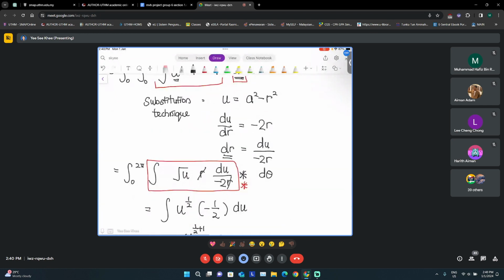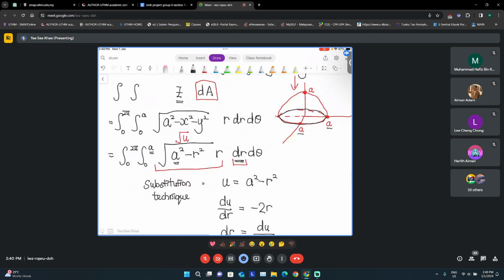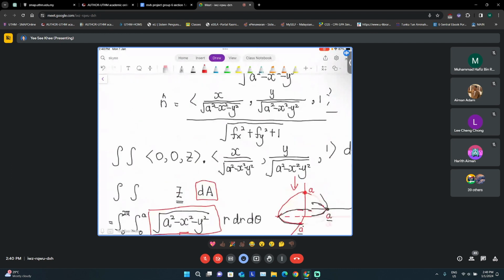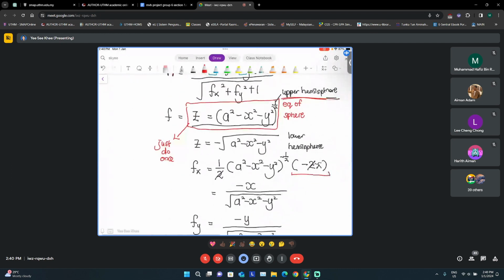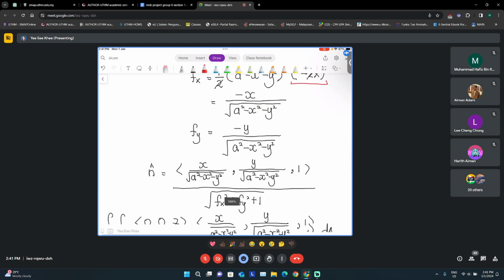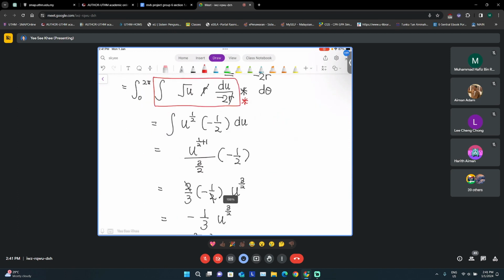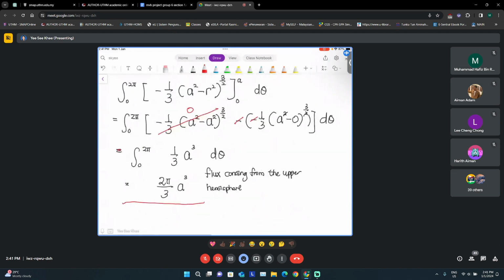Because here we just consider the equation for the upper hemisphere. For the lower hemisphere, its equation will be considering the negative. If you want to calculate for the lower hemisphere, you have to repeat the process one more time. But in this case, you don't need to, because the upper and lower hemisphere have the same shape, same area. So we don't need to perform it twice.